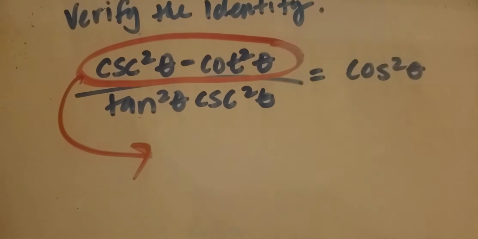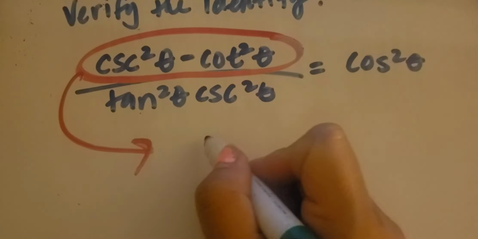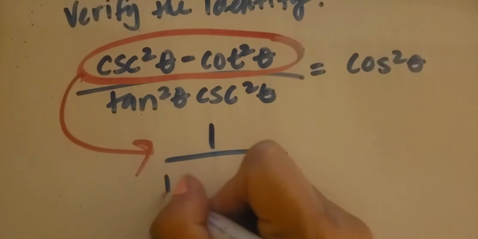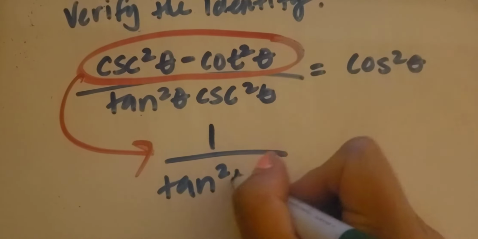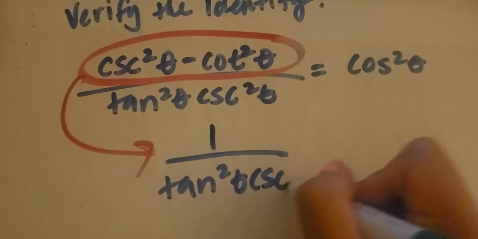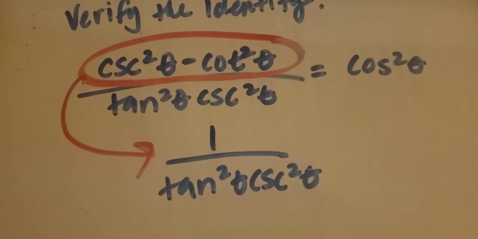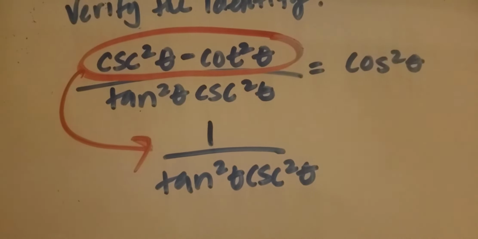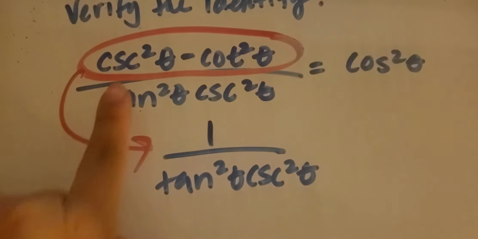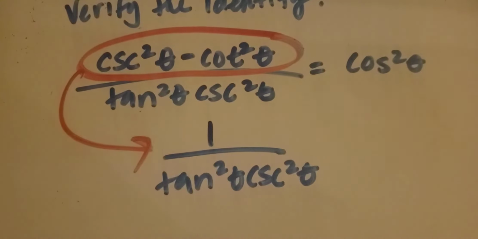So here we go. I'm going to end up with 1 over tangent squared theta times cosecant squared theta. And again, you have to know your properties. So make sure you have your index card or the textbook on page 350 so you can see what I'm doing. Again, this simplifies to 1, and you can look on page 350 for your trig identities.